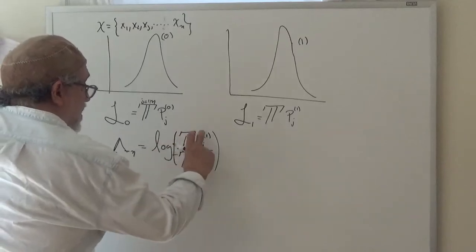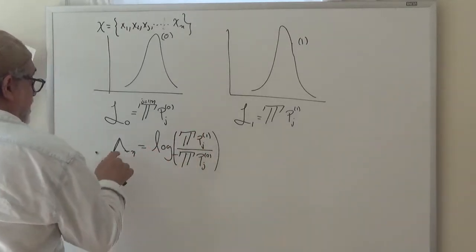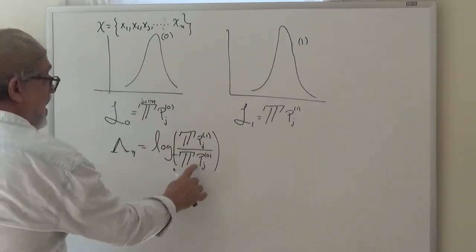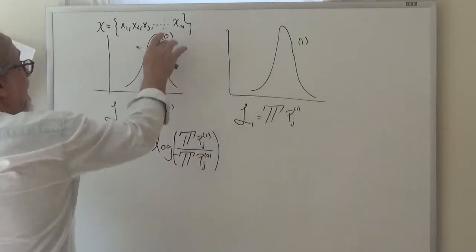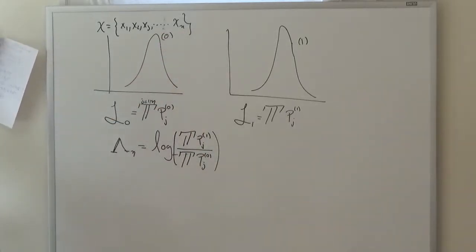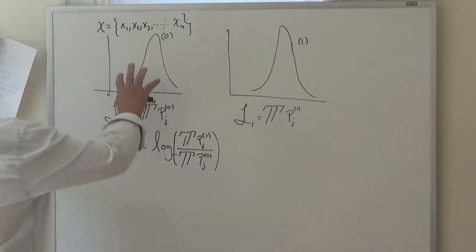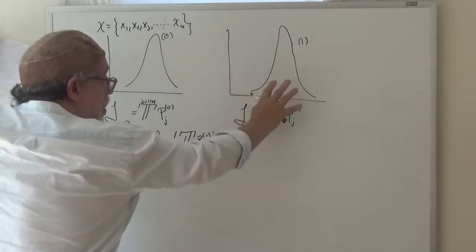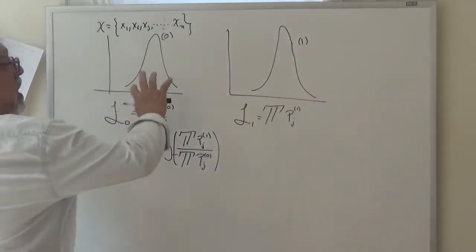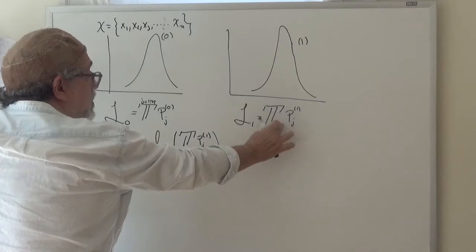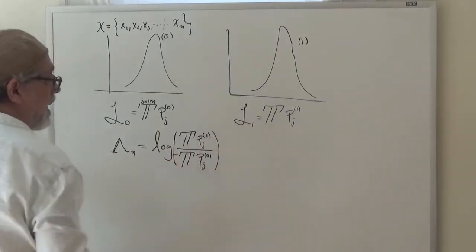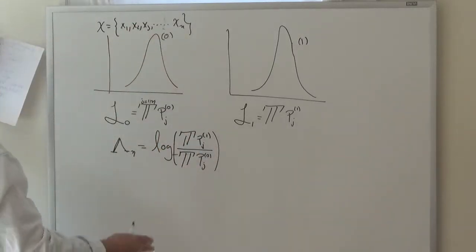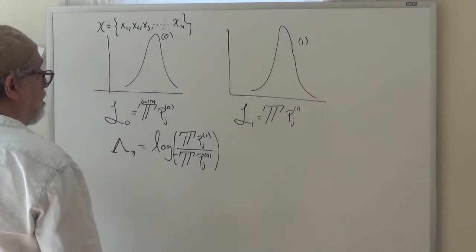Therefore the log of this ratio is negative. So we expect this delta to be negative if the data is coming from distribution 0. Alternatively, if the data was coming from distribution 1, we expect the likelihood of distribution 1 to be bigger than that of distribution 0 for that data. This number would be greater than unity, and the log would be a positive number.